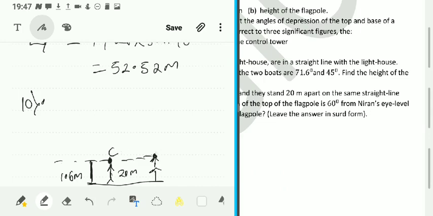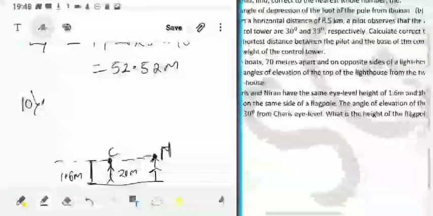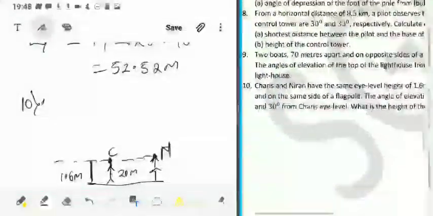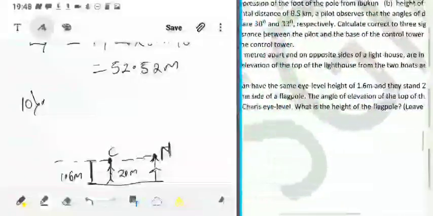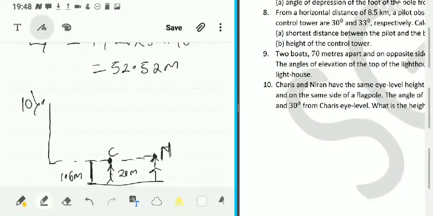Let me use C for Caris, N for Neuron, 20 meters apart on the same side of a flagpole. If this is the flagpole, we know that they are not on opposite sides. If they were on opposite sides, we'd use the technique we used before.